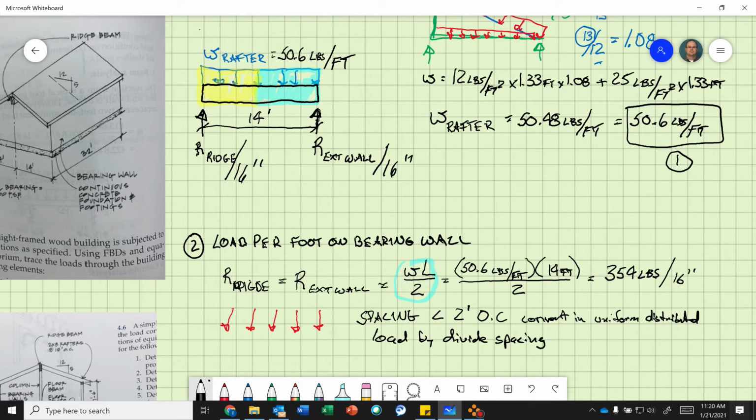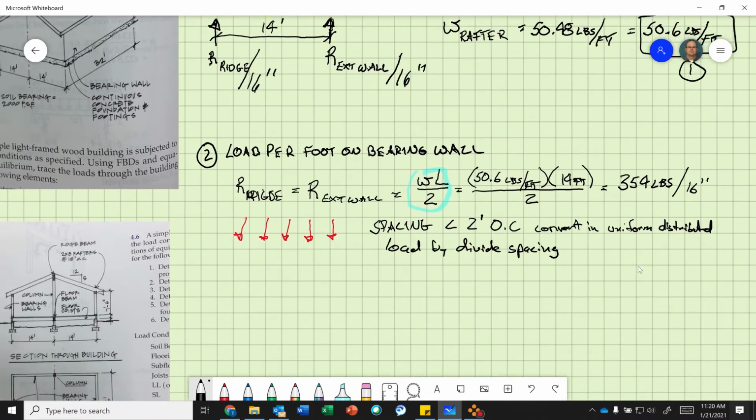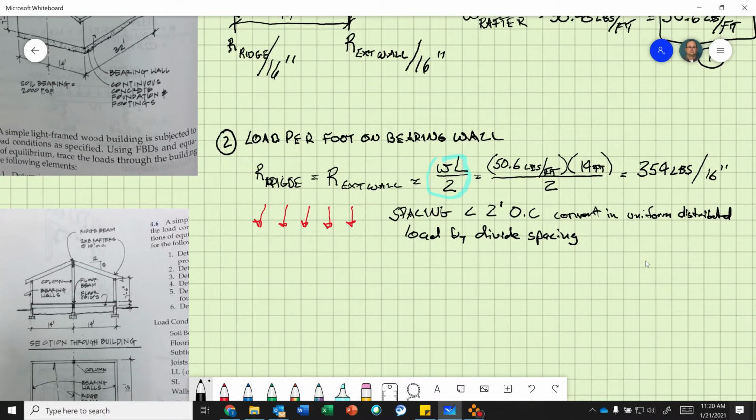Okay, so what does that mean? Because my distance, I'm just going to scroll up a little bit here. There is a point load every 16 inches. This is 16 inches. Sorry, I'm trying to grab that pen so it's legible. So basically what we need to find is the load per foot, the line load per foot on the bearing wall, the top of the bearing wall.